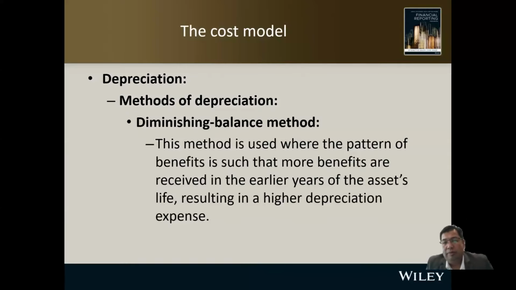Whereas for the diminishing balance method, also known as the reducing balance method or declining method, the amount of depreciation is much bigger in the early years of the asset's useful life, and the amount will decline over time. So we record a big amount of depreciation in the first few years and a low amount at the end of the useful life.